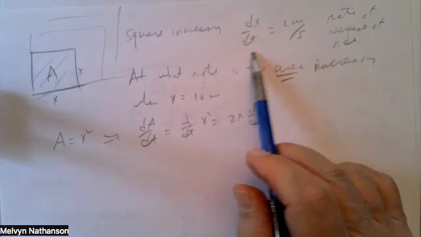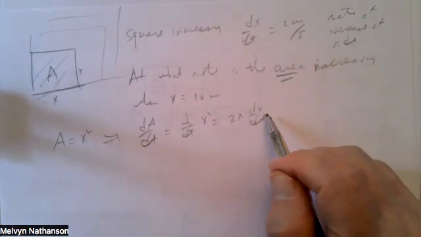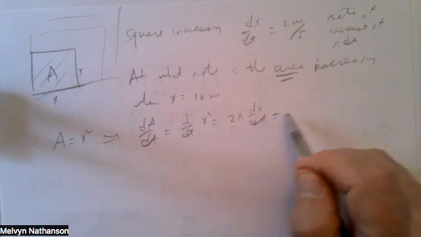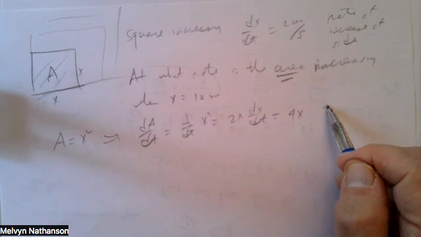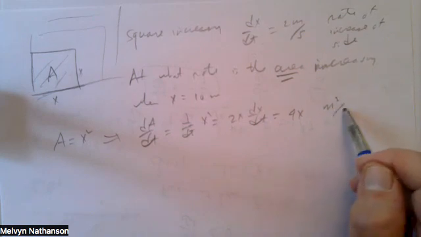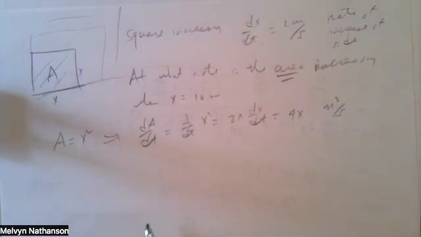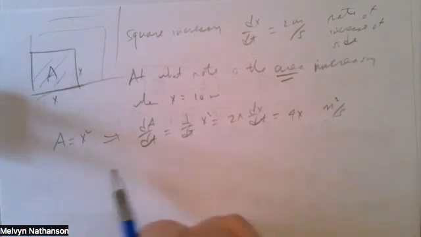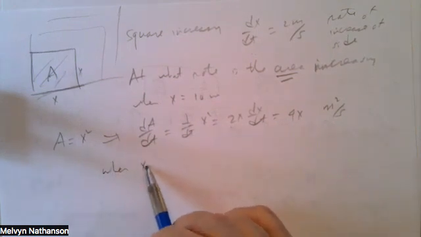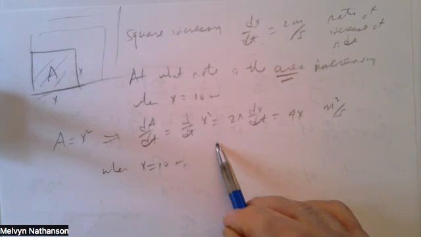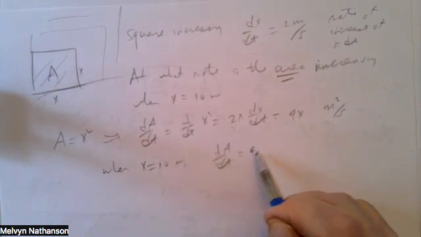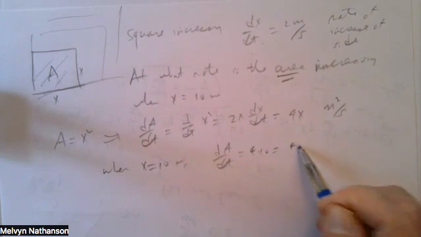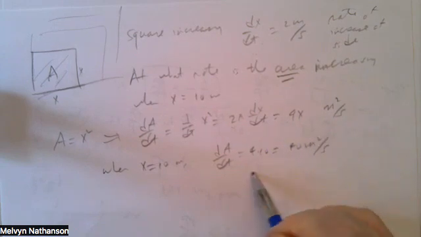And we're told dx/dt is 2. So this is 2x times 2, that's 4x meters squared per second. So when x equals 10 meters, the rate of change of the area is 4 times 10, or 40 square meters per second.